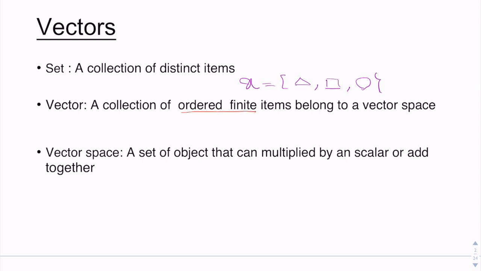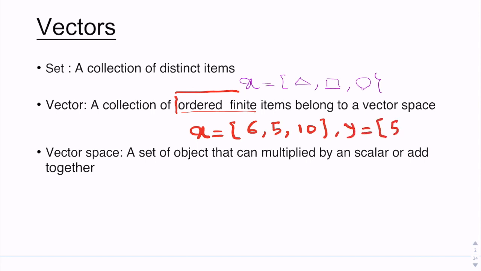So we can define a vector again as x, where x is, we can use some numbers in here, 6, 5, 10. This is a vector. The term order means that this vector is different from this vector, 5, 6, and 10.